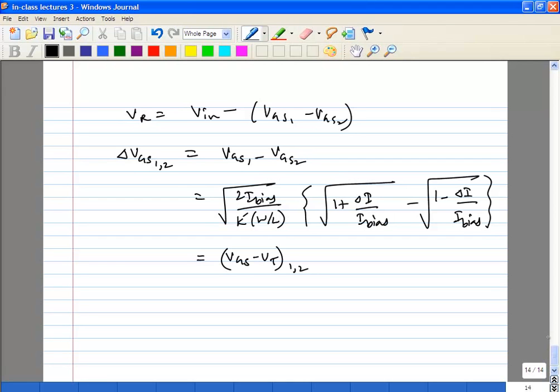This first term is your VGS minus VT times, and you're going to make 1 plus x whole power n. You can expand that. So you'll get 1 plus delta I over 2 I bias from this, minus of 1 minus delta I over 2 I bias. So this is your linear approximation.